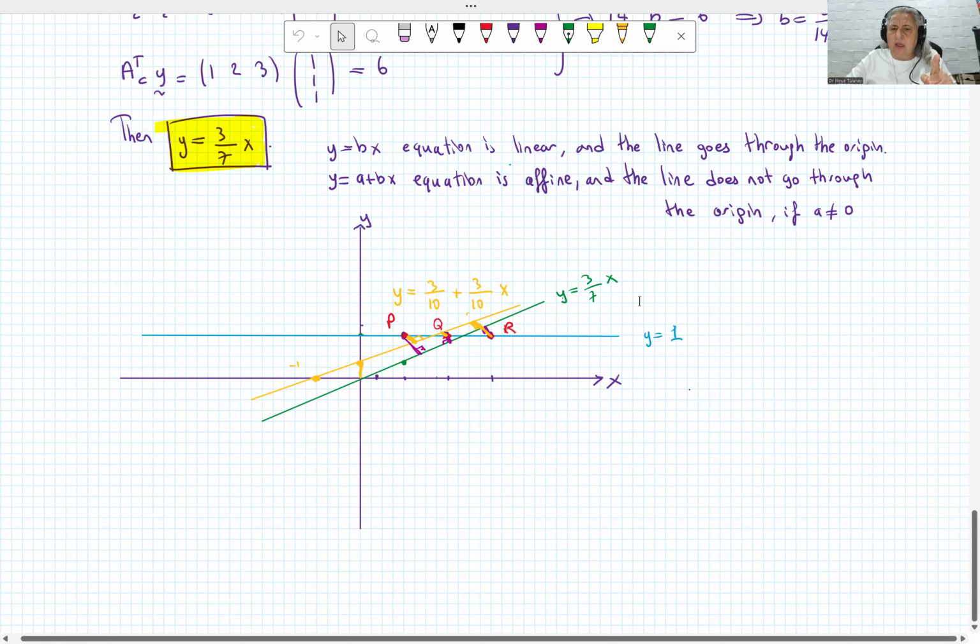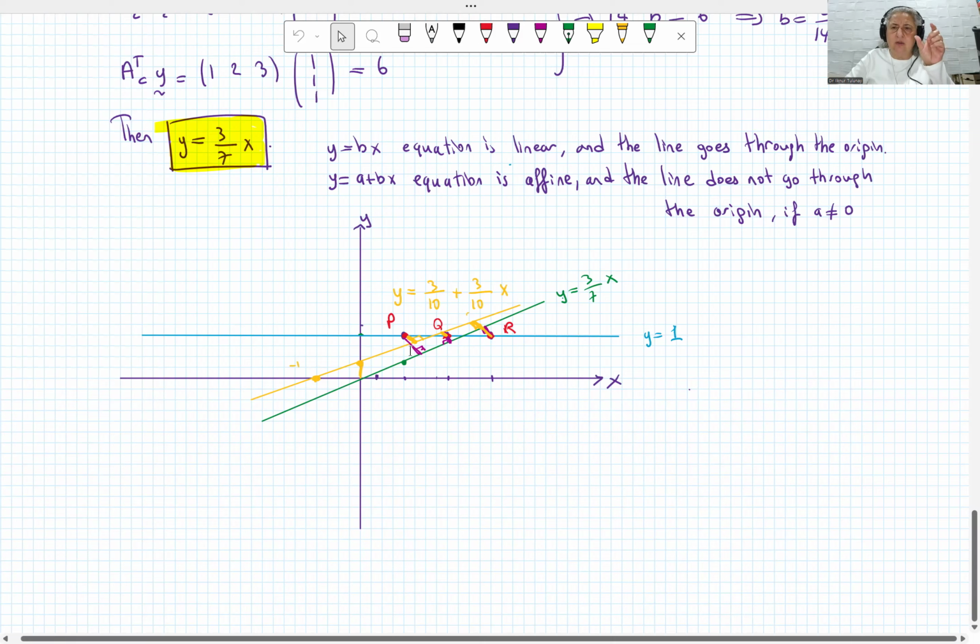And this is the line that we found in part C. What the theory says is that this yellow line minimizes the distance between the line and P, Q, R. The minimal distance is the perpendicular distance from this point to the line, from Q to the line, and from P to the line.